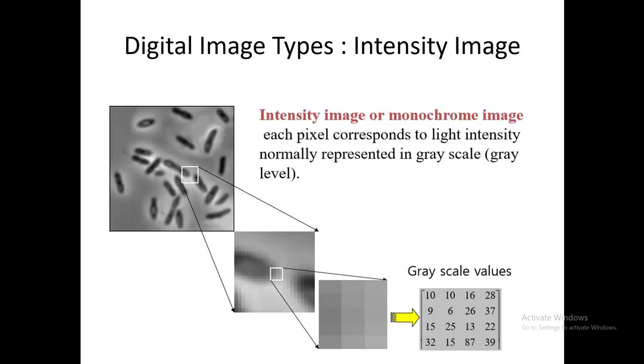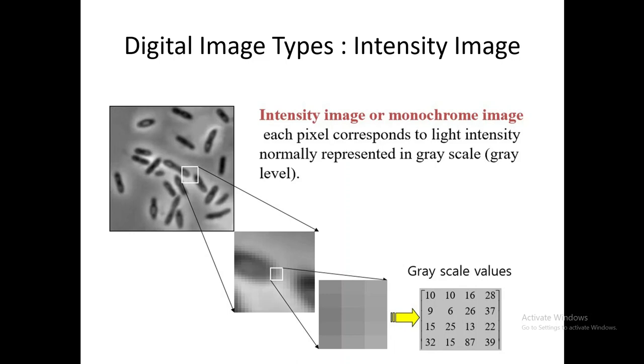While talking about the different types of images, one is the intensity image, also known as monochrome image. In an intensity image, each pixel corresponds to light intensity, normally represented in grayscale. If we look at an image like this and take a small piece of it, it looks like a 2D array or matrix.